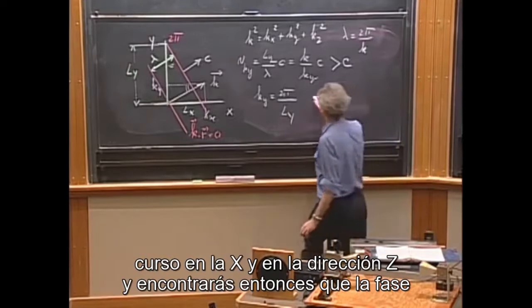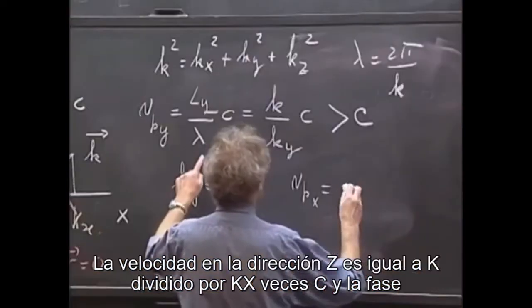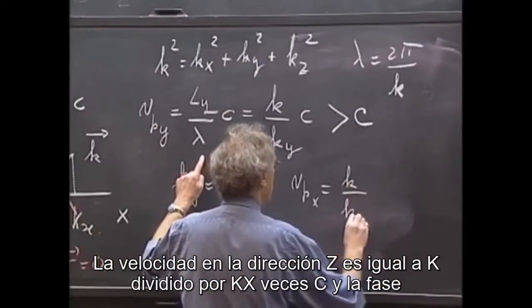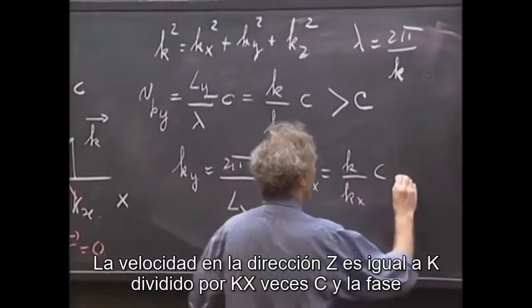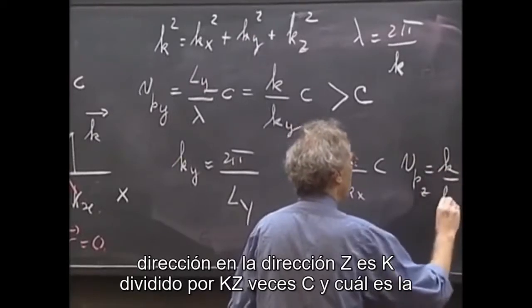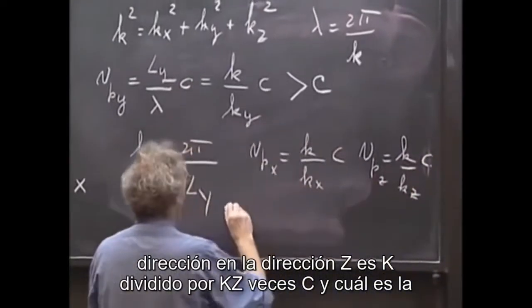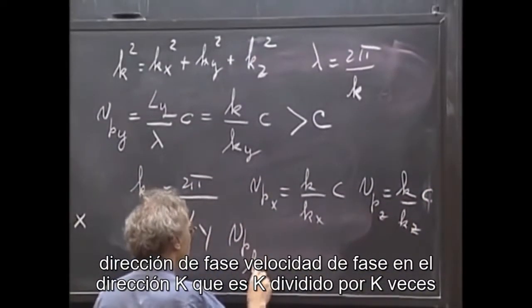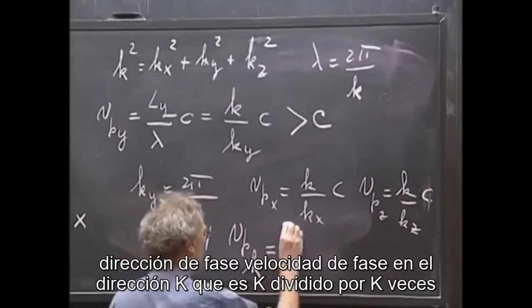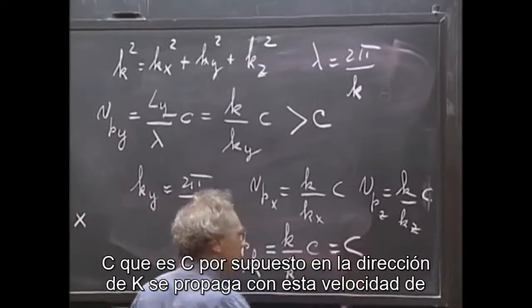And you can do the same, of course, in the x and in the z direction, and you will find then that the phase velocity in the x direction equals k divided by kx times c, and the phase velocity in the z direction is k divided by kz times c. And what is the phase velocity in the direction k?